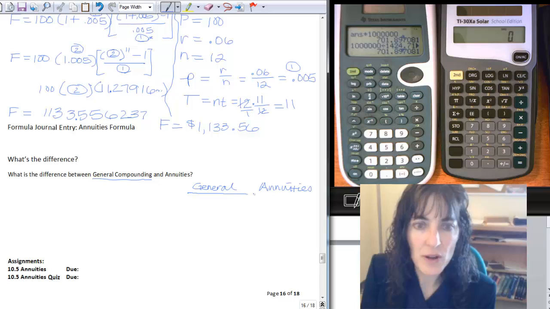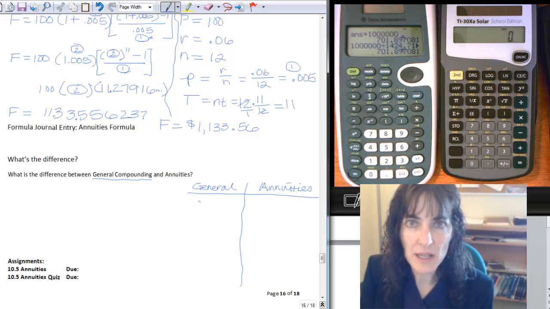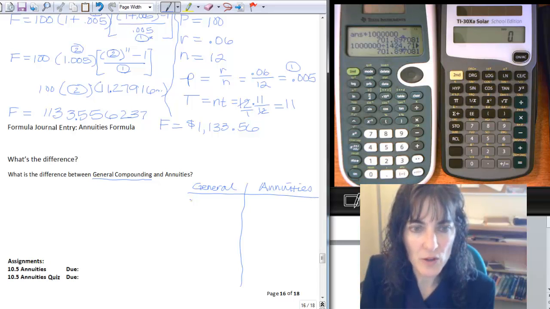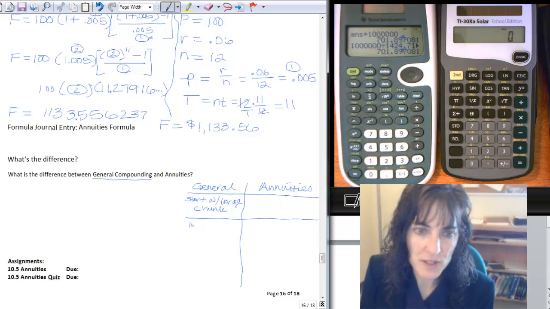And let's write down everything we can think of about the general compounding formula. And the first thing I think of for that is start with a large chunk. And then the next thing that happens is we gain interest on interest.